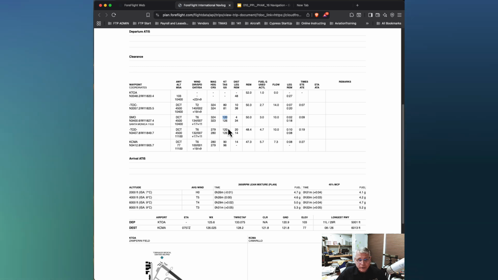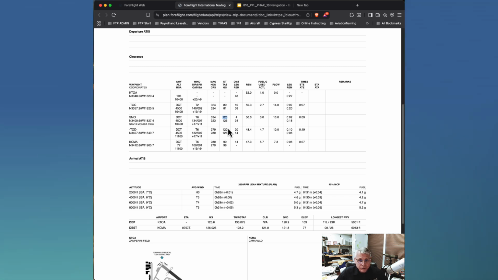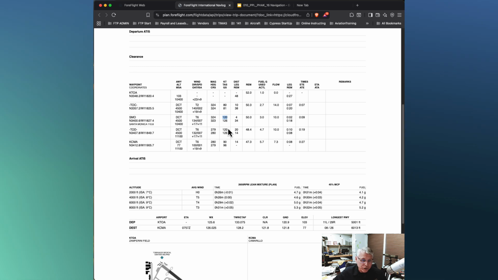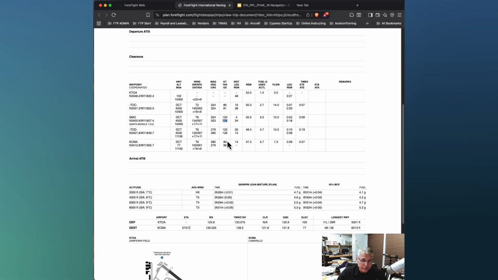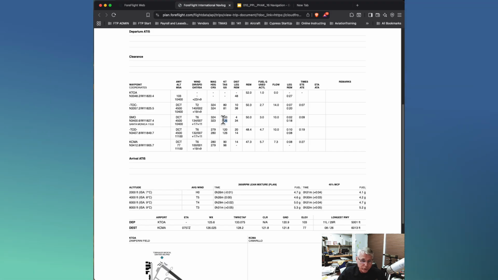It's a better number when it comes to how fast we're actually moving through the air, and then ultimately what we care about is how fast we are going over the ground. So if we're actually moving 120 knots through the air and we have a tailwind of 6 knots, my ground speed is 126 knots, right? So that tailwind is giving us that direct push, which in this case is pretty nice.